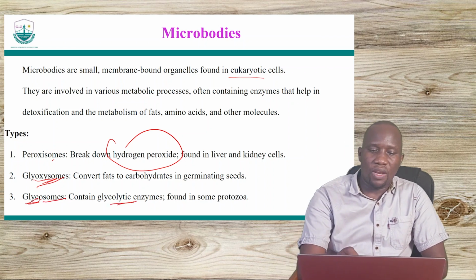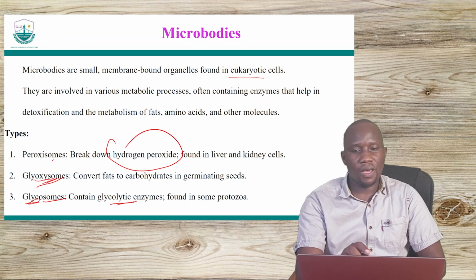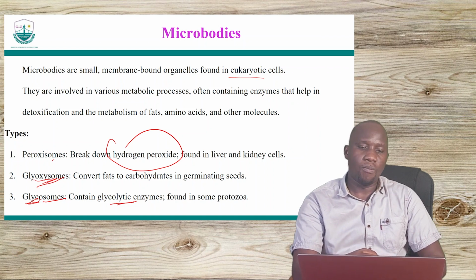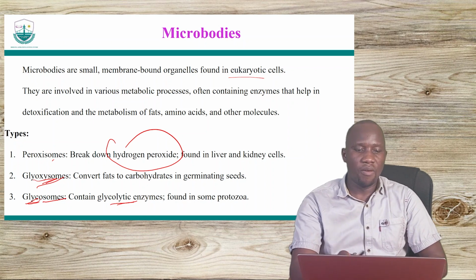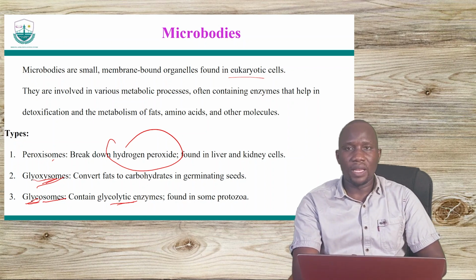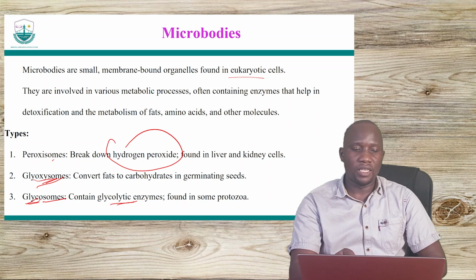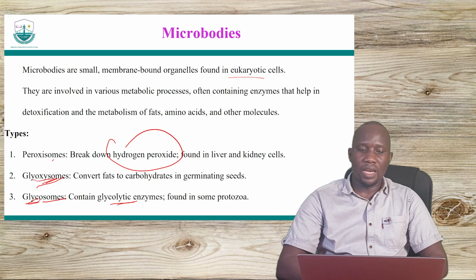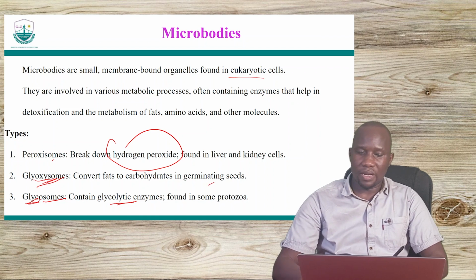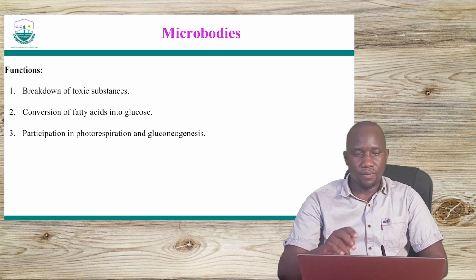So you can notice that microbodies are important in metabolism: breakdown of hydrogen peroxide, conversion of fats to carbohydrates in germinating seeds, and the glycolytic enzymes found in some protozoa.